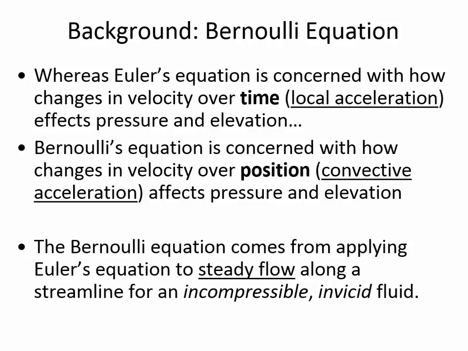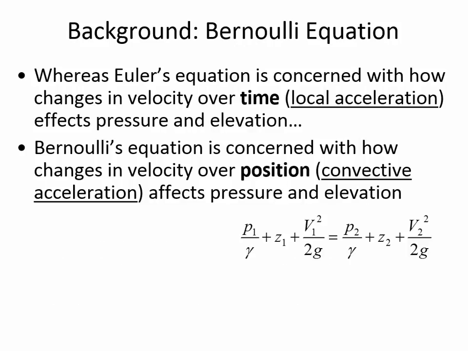So we'll get a sense for how different Bernoulli's equation predictions are from reality in Chapter 7, because here's Bernoulli's equation. It looks very similar to something later on we're going to do called the energy equation. When we're doing the energy equation, we're just correcting for the fact that there are losses as the fluid goes through a channel.